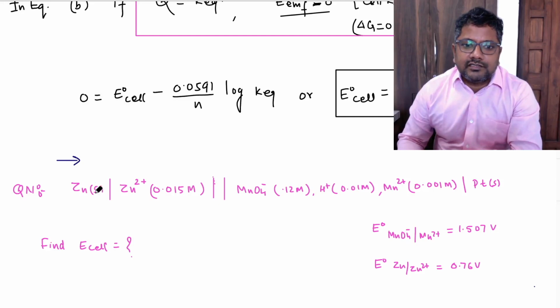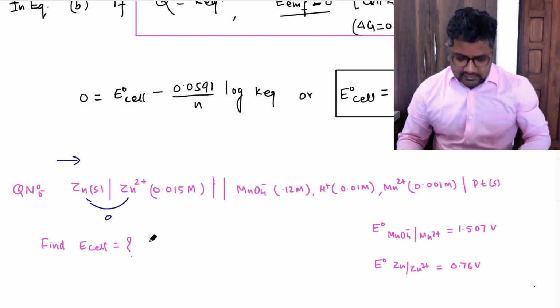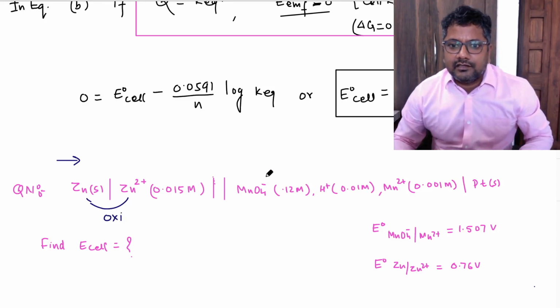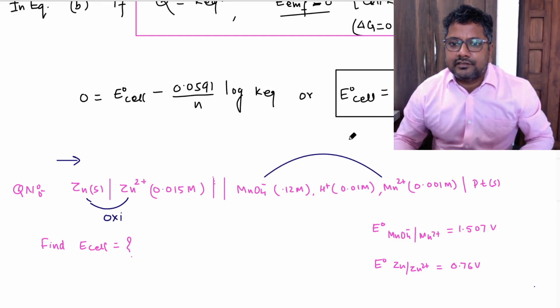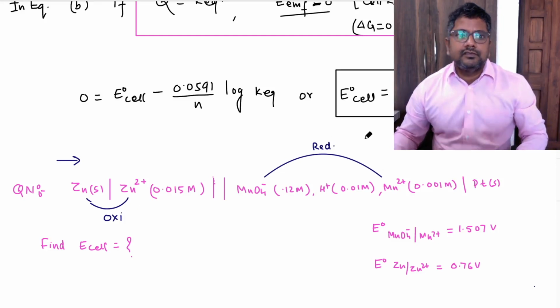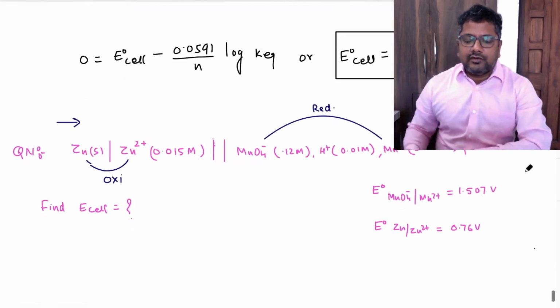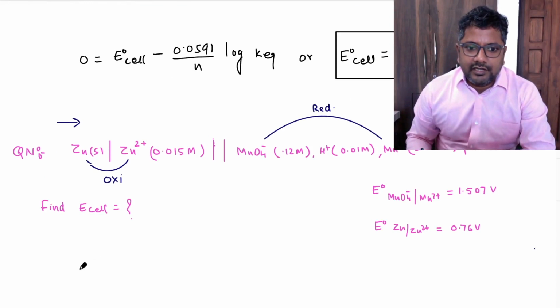So here Zn to Zn2+ is oxidation taking place, and here MnO4- to Mn2+ is reduction. Now you can write the equation here.